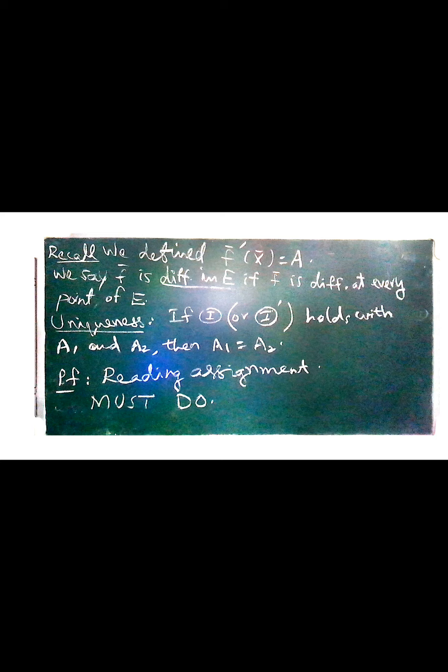That means the derivative is unique, and its proof is very simple. You define B as A1 minus A2. Show that B is identically equal to the zero linear transformation. That means we have to show Bh is equal to 0 for every h in Rn. I want you to read that proof from the textbook, and you must do it.